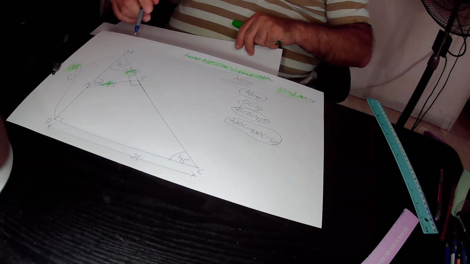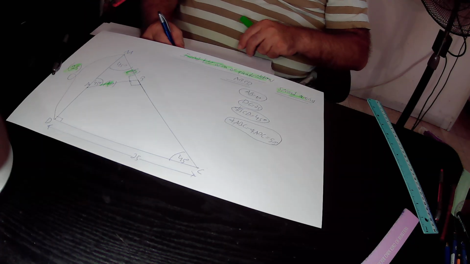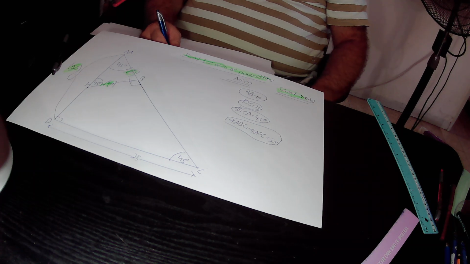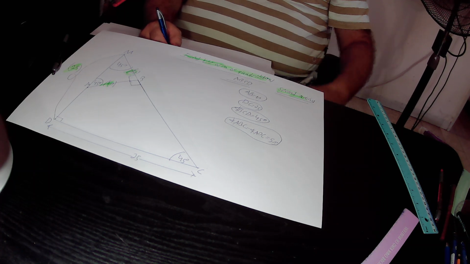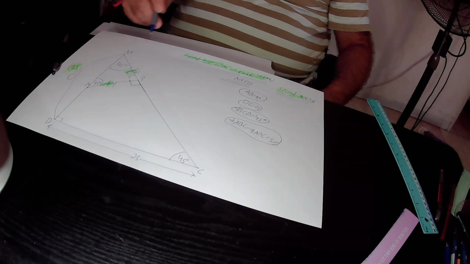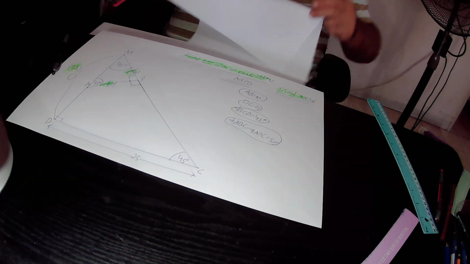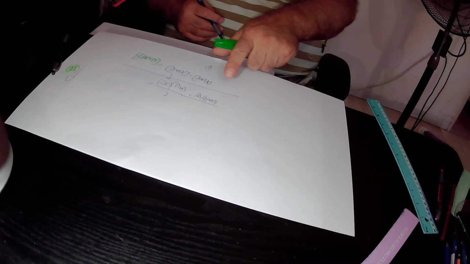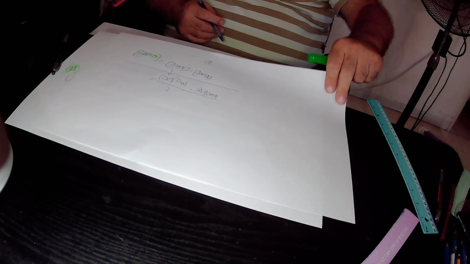The area of this small right triangle MBA equals the base AB times the height MB over 2.